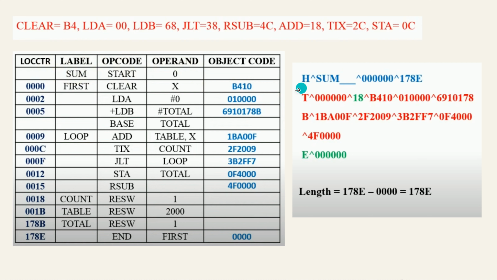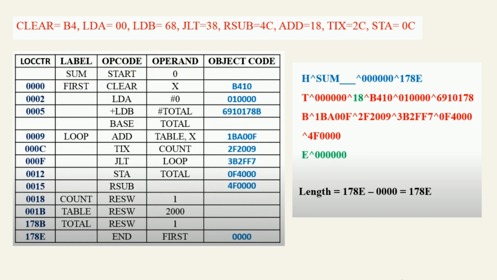The next record is the text record. It is denoted by the letter T and then starts from the second column. Column 2 to column 7 states the starting address for the object program in this text record. The starting address obviously is 0000, right?